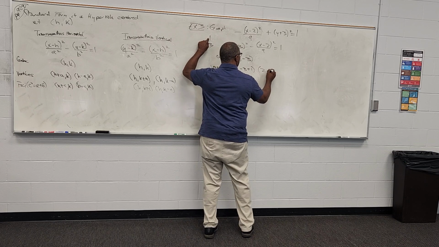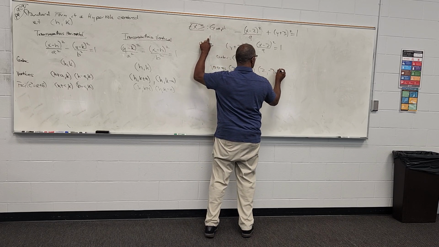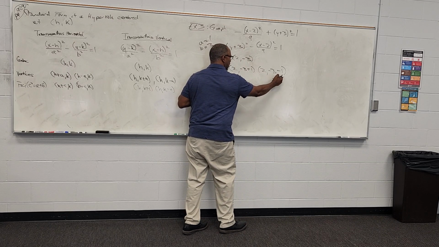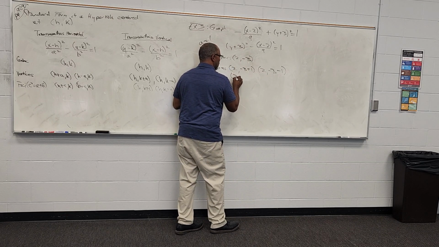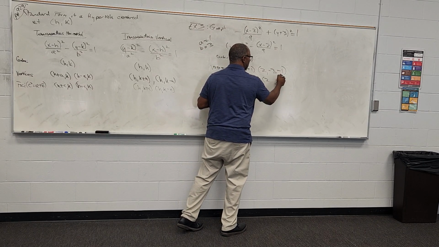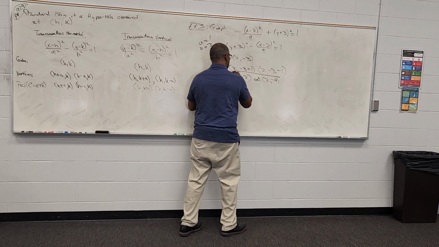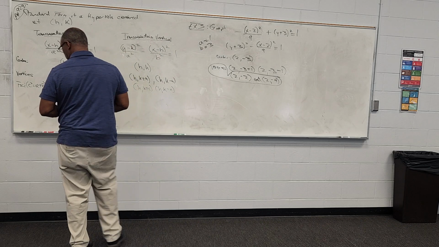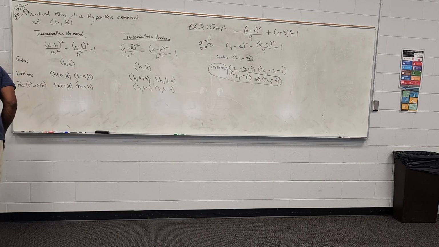So h, k plus 1, h, k minus 1. Negative 3 plus 1 is negative 2, and negative 3 minus 1 is negative 4. So those are my vertices. 2, negative 2, and 2, negative 4.